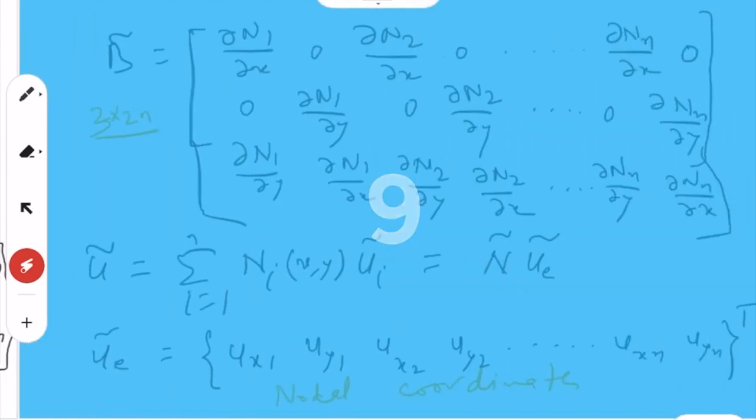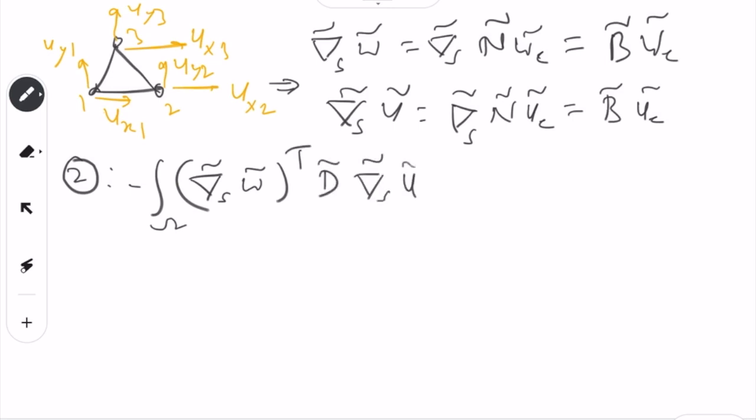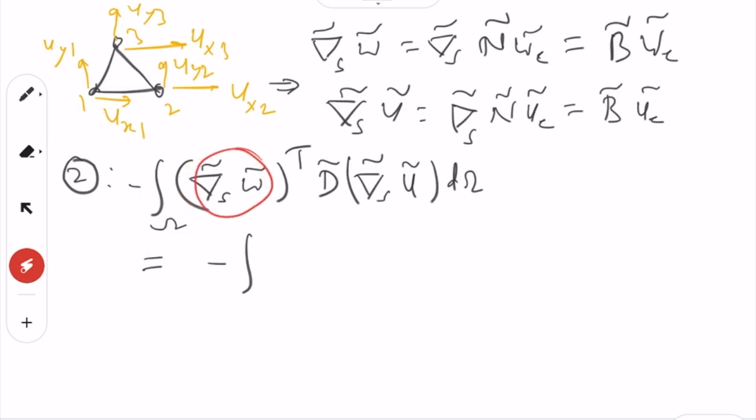So we can write basically the number 2, the second term, we write minus integral over omega of del S tilde W tilde T D tilde del S tilde U tilde d omega, which will be equal to minus, here this is del S W equal to B W E.